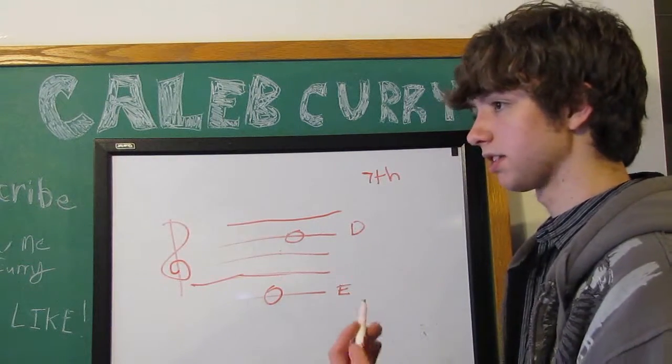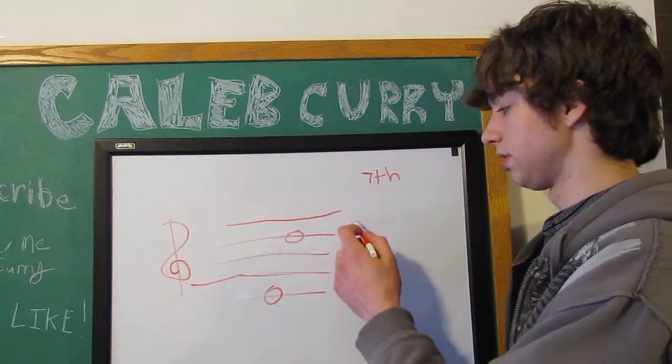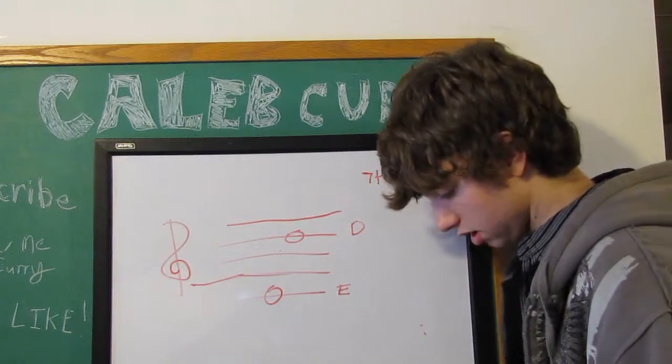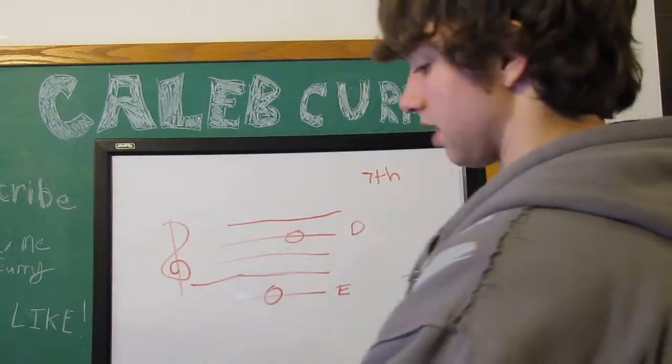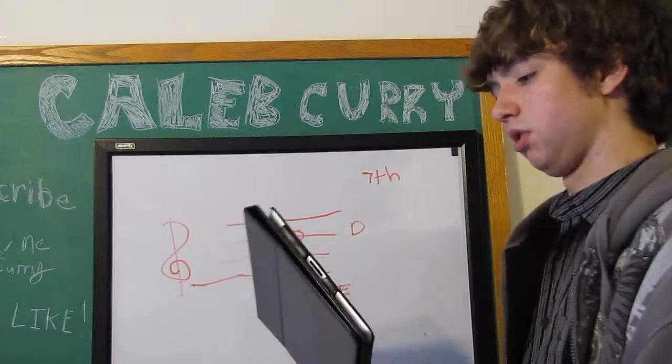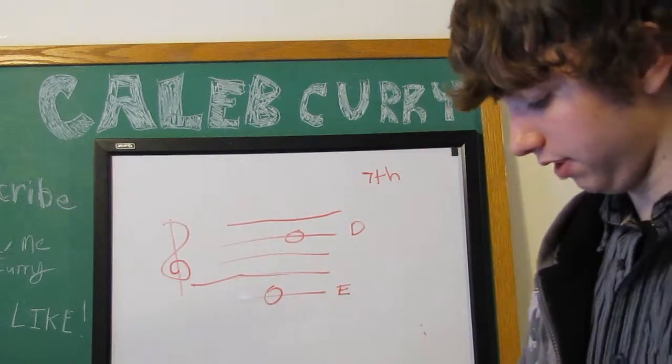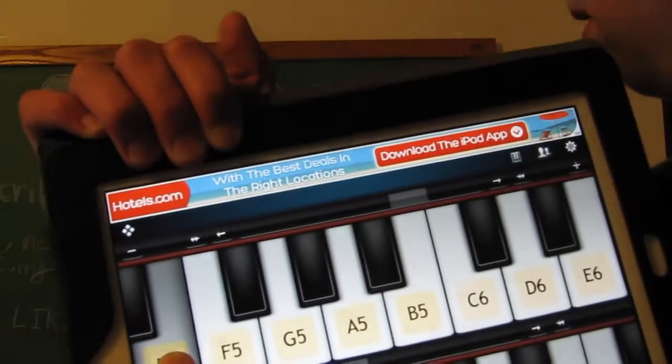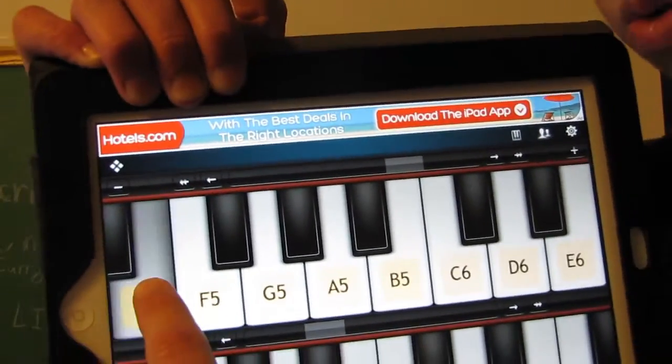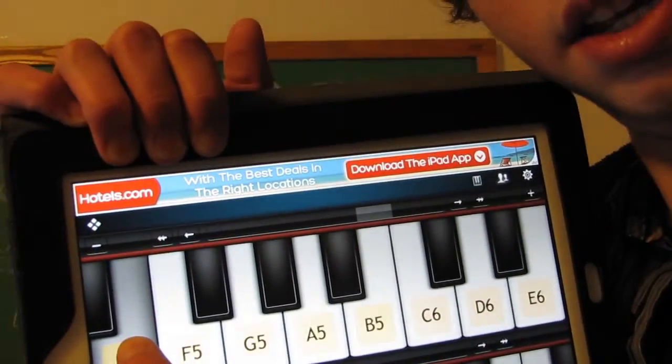So, what kind of seventh is it? Well, E to D, that means we must count the half steps within it to figure out what interval quality it is. Let me open up my piano so we can figure this out. Okay, now E to D. Well, we know E to E is an octave.